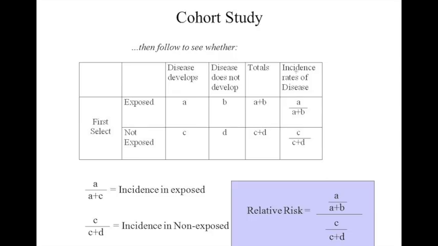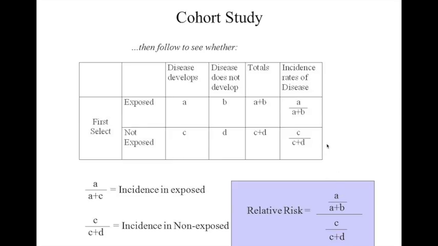And the absolute risk, the risk of developing the disease in an exposed group, is represented by A over A plus B. And the absolute risk of developing the disease in the non-exposed group is simply represented by C over C plus D. So A over A plus B is the absolute risk of developing a given disease for a given exposure, and C over C plus D is the absolute risk of developing a given disease in the non-exposed group.